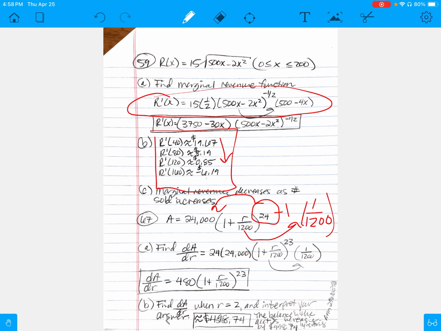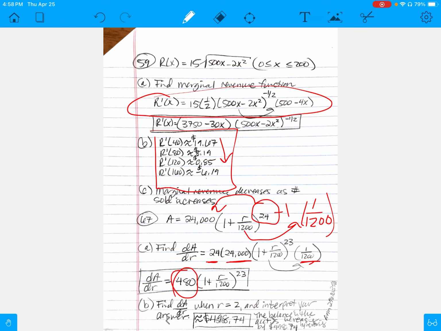And then you can simplify that here. 24 times 24,000 times 1 over 1200, that's where this 480 comes from. And then inside the parentheses, 1 plus r over 1200, that whole quantity raised to the 23rd. And that is our derivative of A with respect to r.